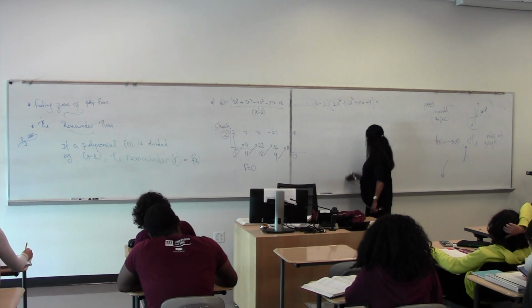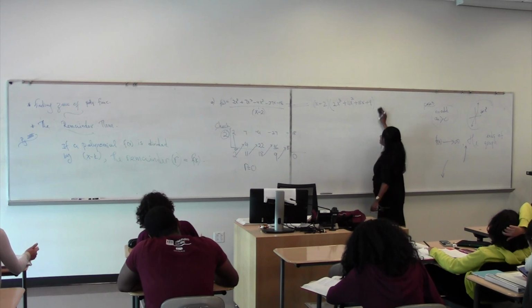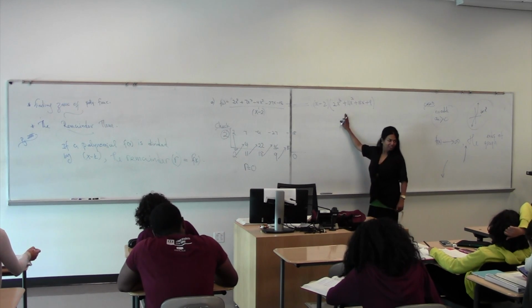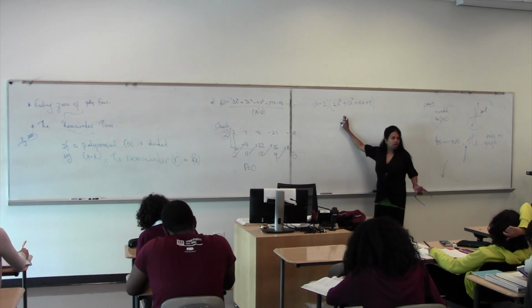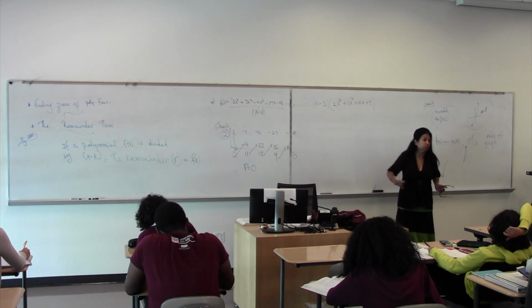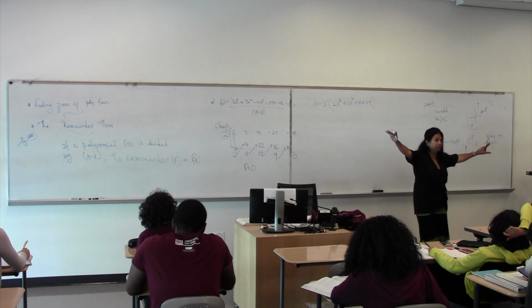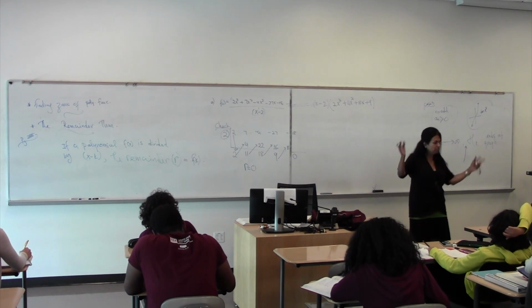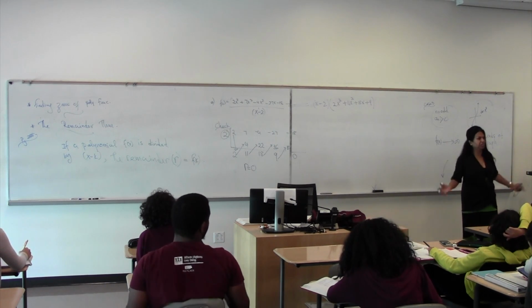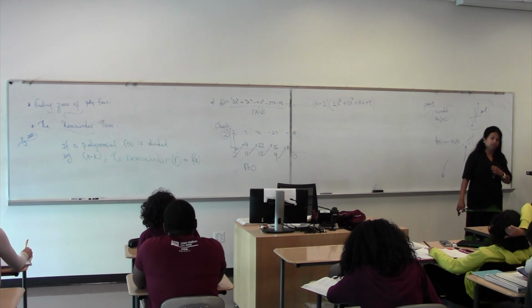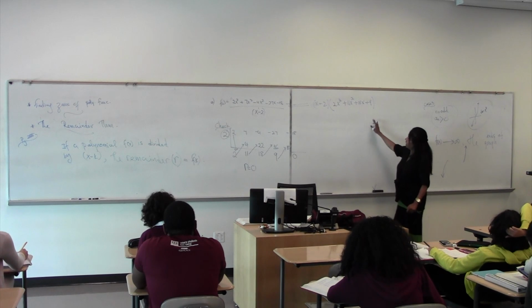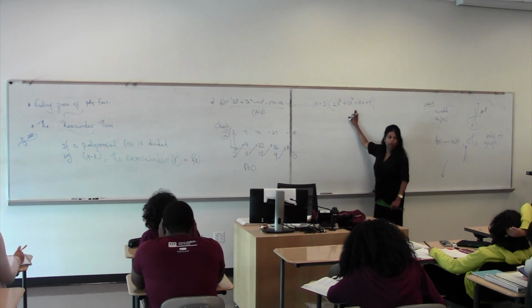The last number is the remainder, and when it is 0, we can do this. Do you guys see that? So the strategy is to come up with that remainder 0 because we want to write our polynomial function in terms of something times something times something in order for us to graph. We need to find all the x-intercepts. So now we have to do this again to this one.